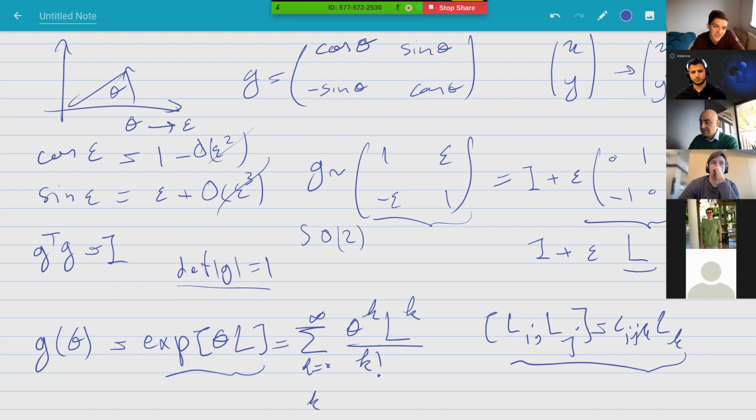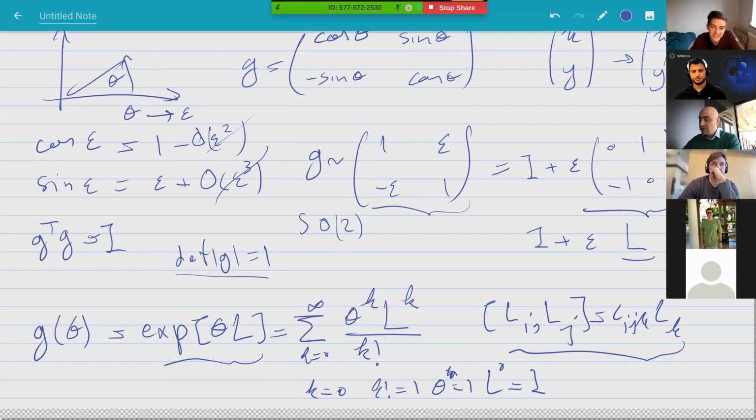Yeah, so when we have k equals 0, k factorial is 1, theta to the 0 is 1, and L to the 0 is also the identity. This is one thing that we need to define for matrix powers actually. Okay, perfect. I think this was a pretty nice explanation.